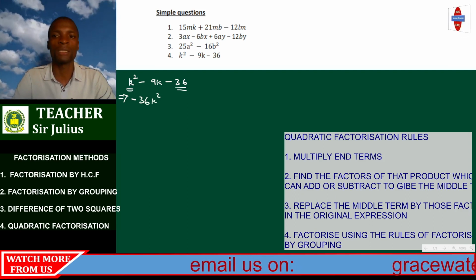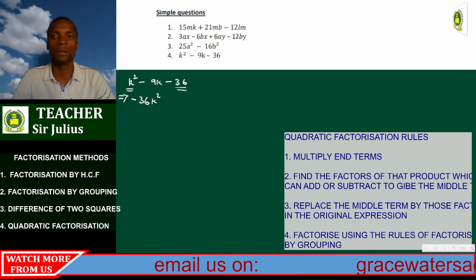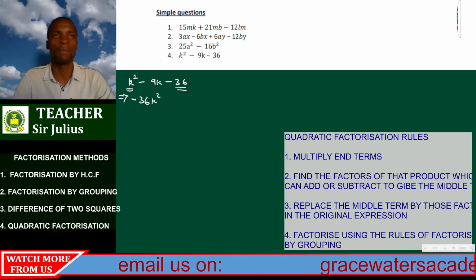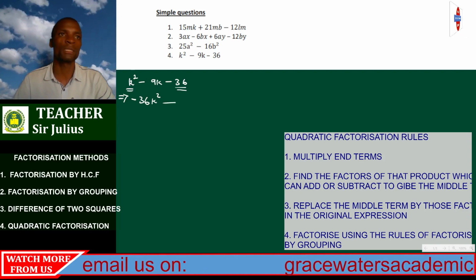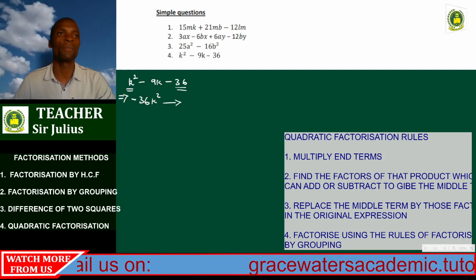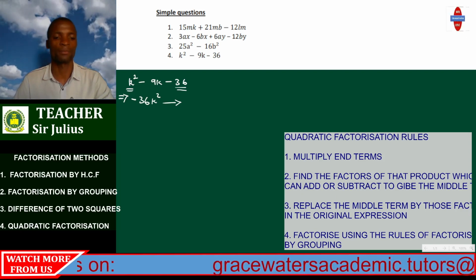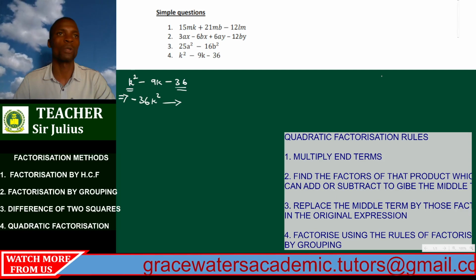Now the second stage is saying find the factors of that product which can add or subtract to give the middle term. So we want to find the factors of 36 that when we combine them give us 9 exactly. Just because today we are having a lesson, let me show you what you do.